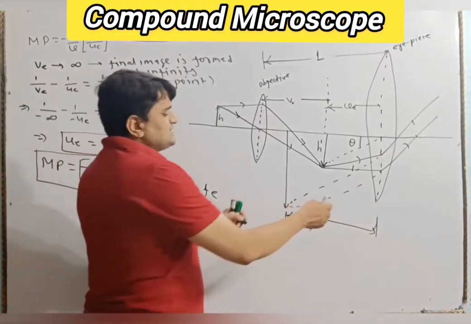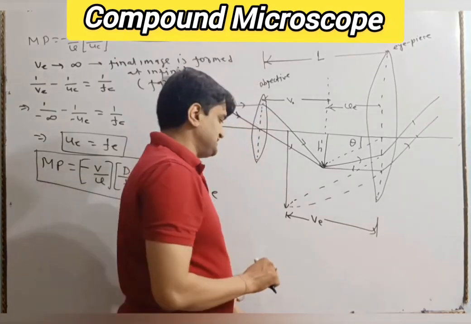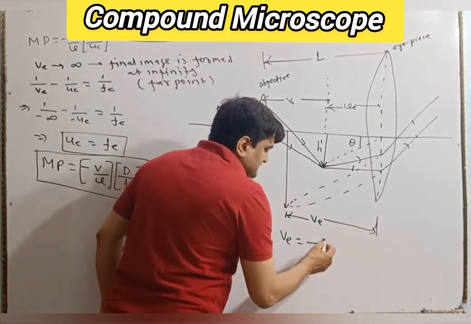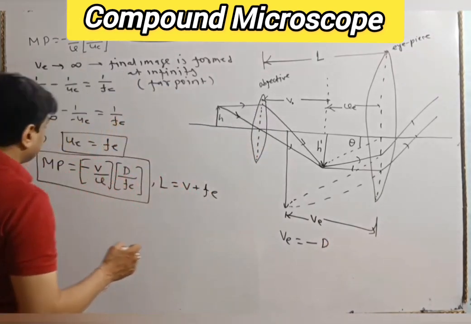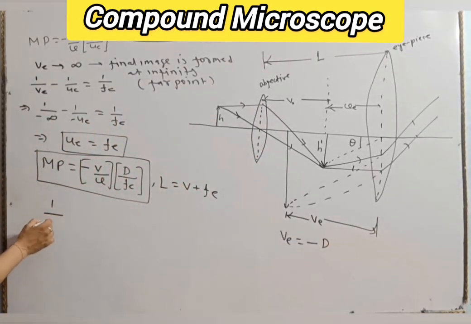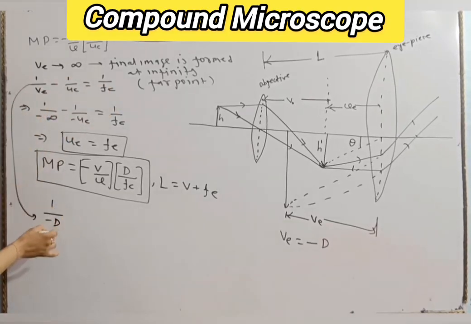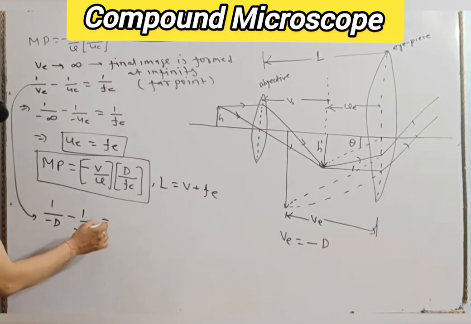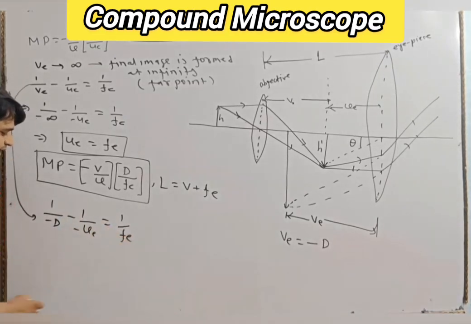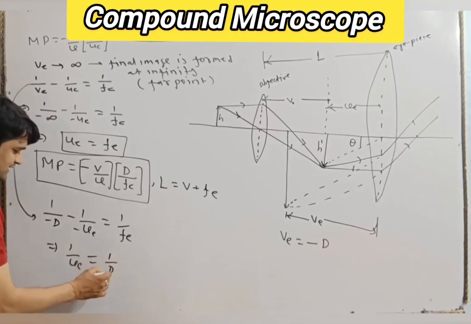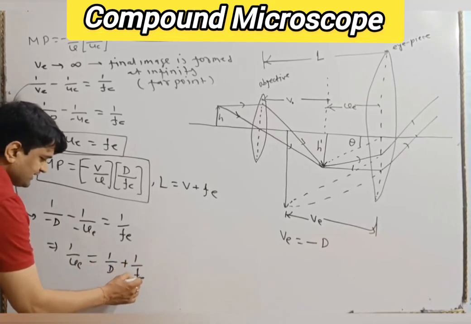And when final image is formed at least distance of distinct vision, like if final image VE is formed at minus D, then I am using the same formula, and it becomes minus 1 upon D minus of 1 upon UE equal to 1 upon Fe. From here 1 upon UE will be equal to 1 upon D plus 1 upon Fe.